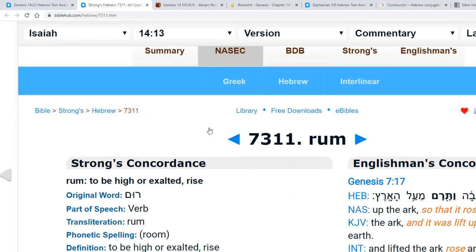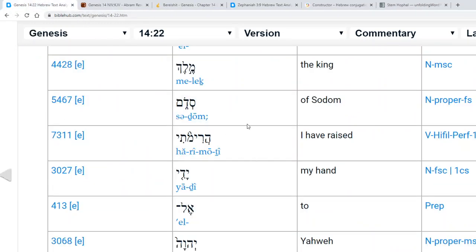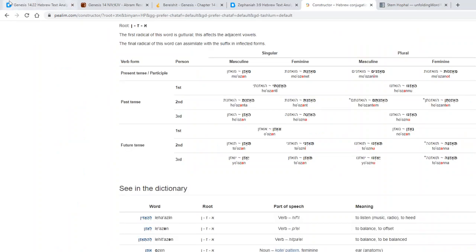They're saying the root is Resh Vav Mem. And yeah, okay, I'll go with that. Harimoti. Yeah, because the Vav is the middle, Pe'al vav, right? Yeah, that seems right. Let's see what the concordance does with Harimoti.